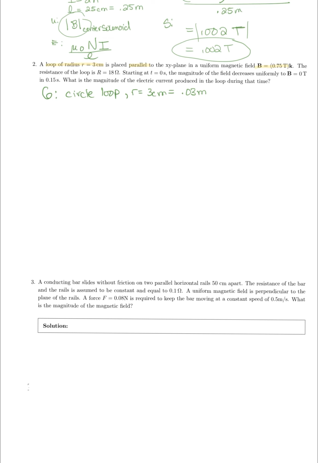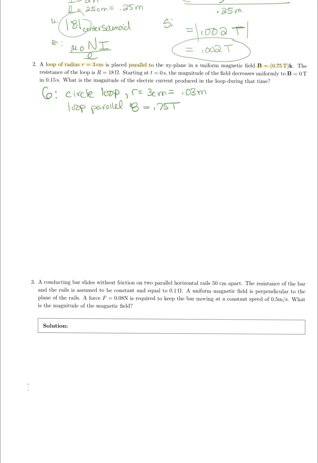Okay, so let's write that down. Our loop is parallel to B, which is 0.75 Teslas.